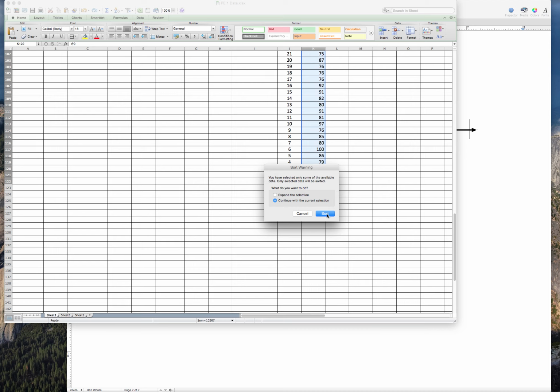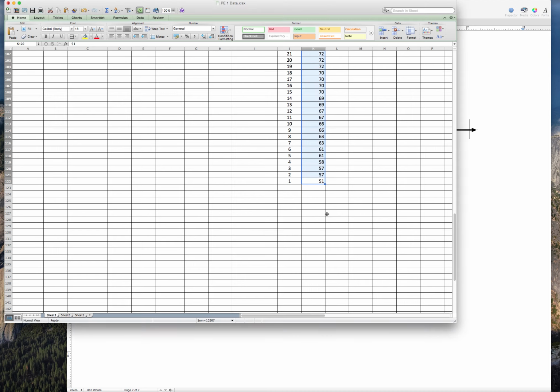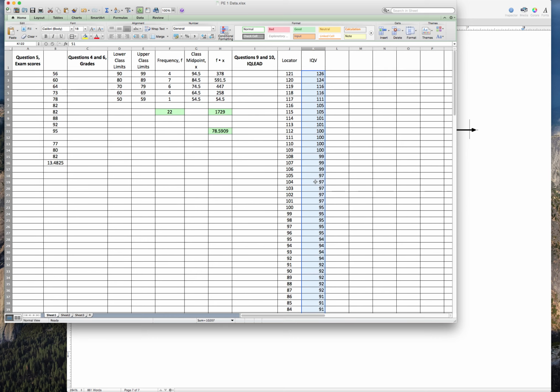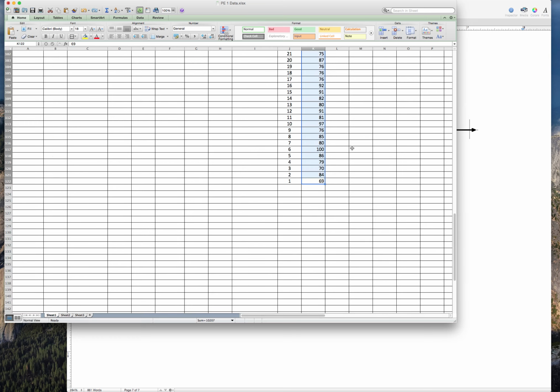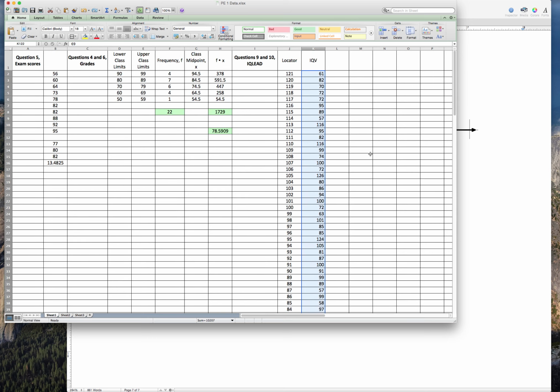So when I click sort, it orders all of these, and the smallest is at the bottom and the largest is at the top. Now if I did not do that, I'm going to restore this back to the way it was. If I did not click continue with selection, this is what would happen. Let me pick a couple that are pretty close here.